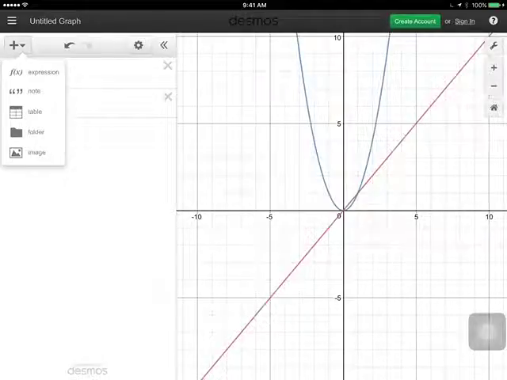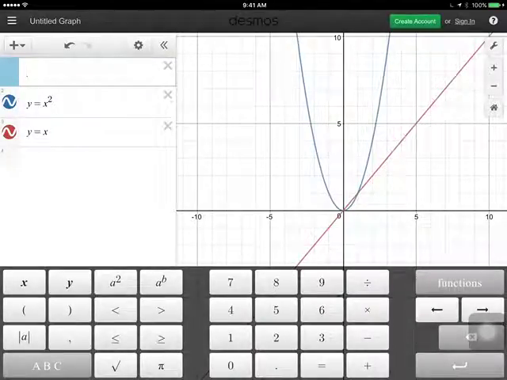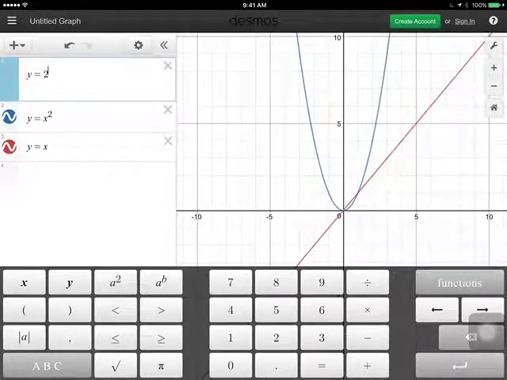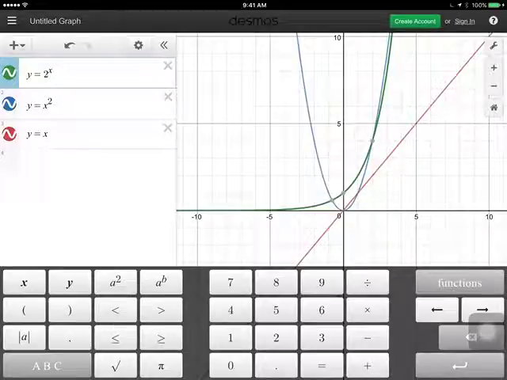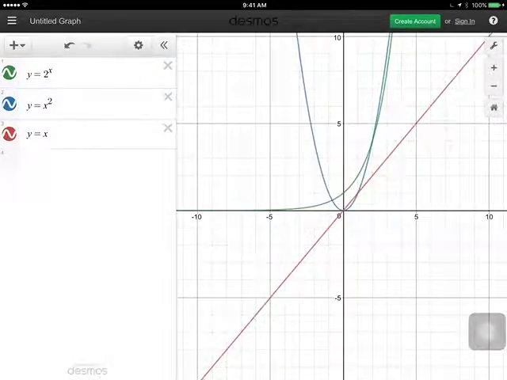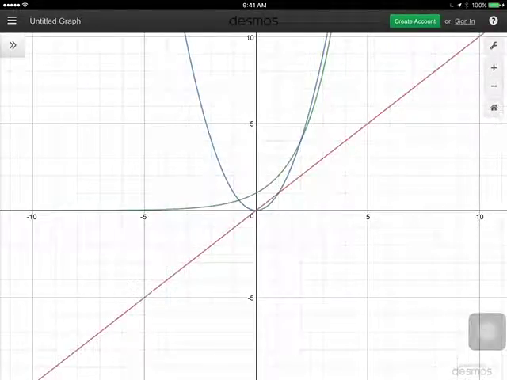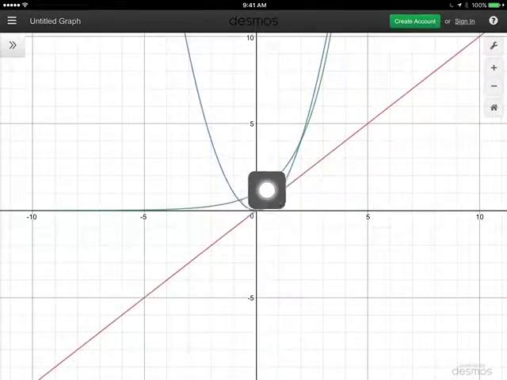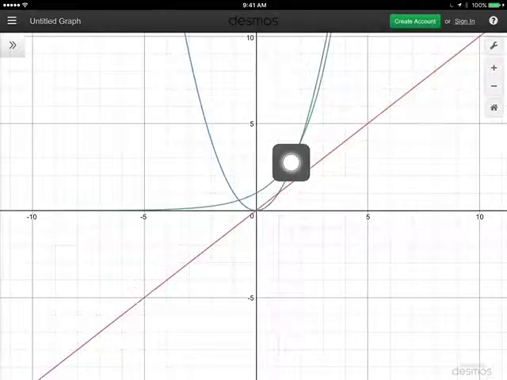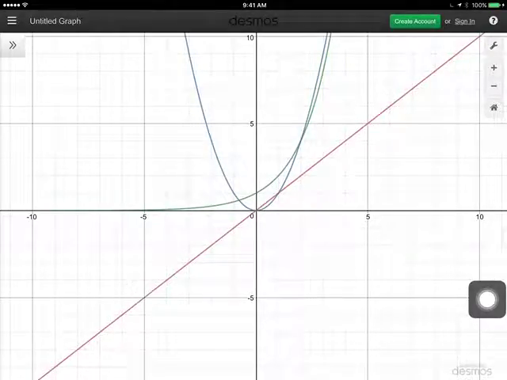The last one we're going to look at, the third one, is our exponential. So y equals, and we'll go with a base of 2, so 2 to the exponent x. And we can see with our green function here that for the first segment it's increasing faster than the quadratic, but then the quadratic overtakes it.